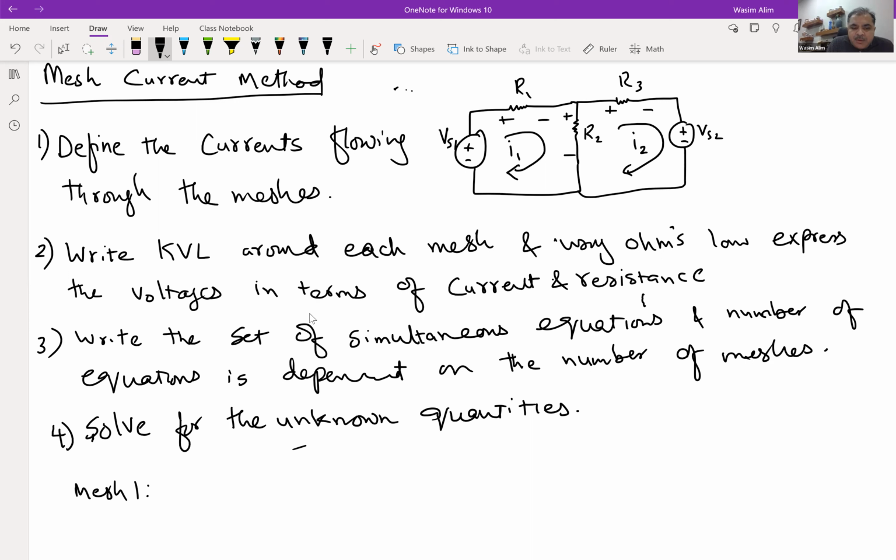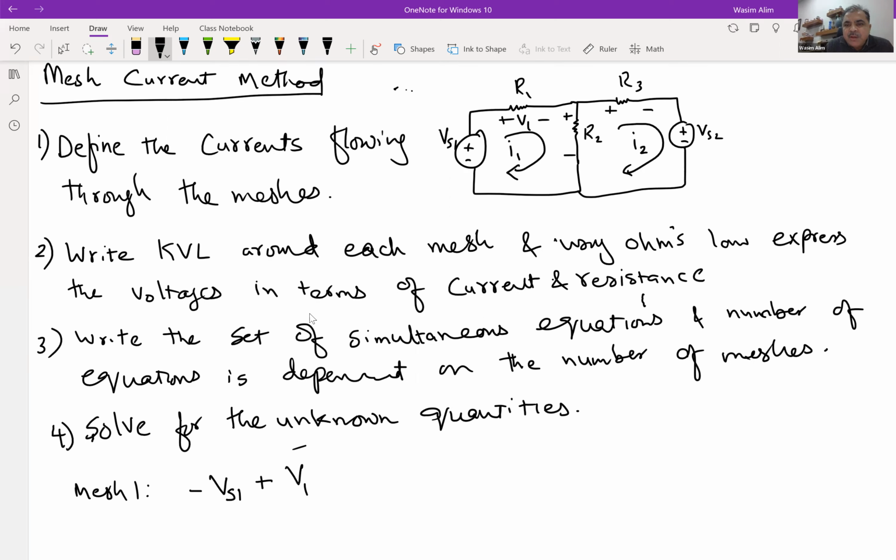So the VS1 is coming across as a negative number, right? So we have minus V sub S1 plus, let's call it V1. So let me just label these in terms of voltages.